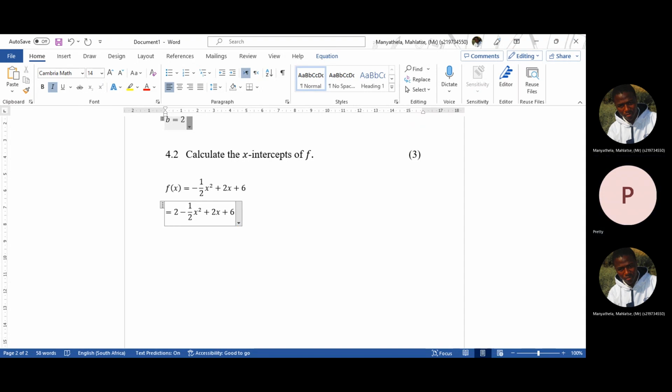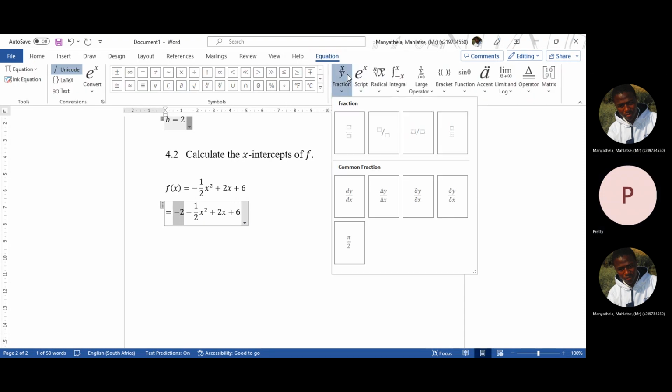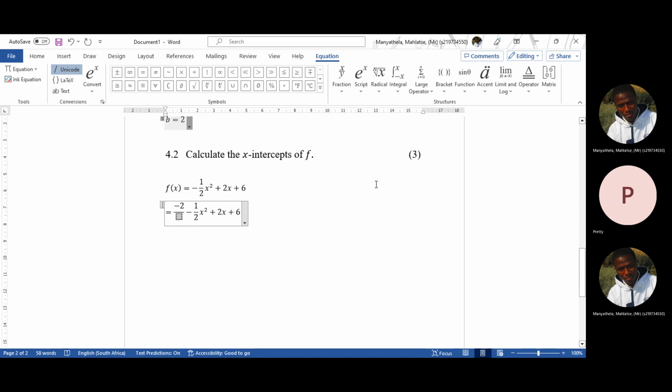So we multiply by negative 2 over 1 throughout the whole equation. Even here we're going to do the same, multiplying by minus 2 over 1.